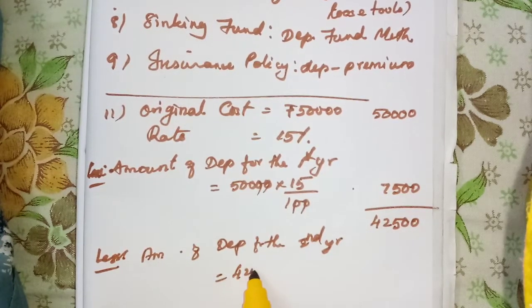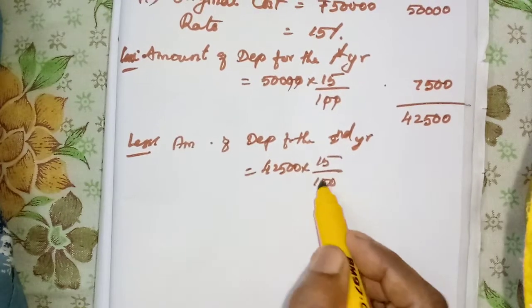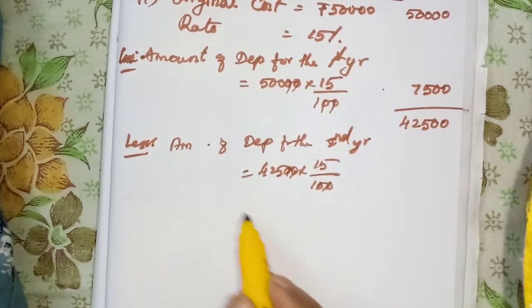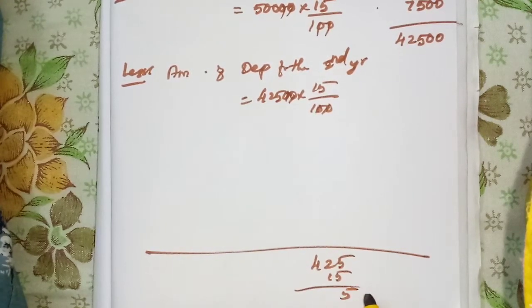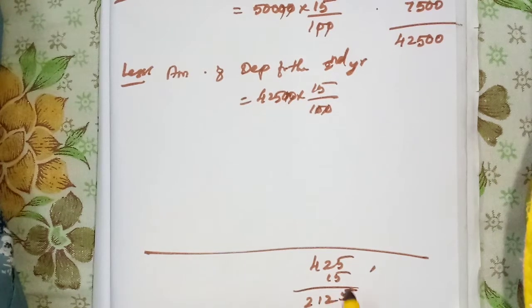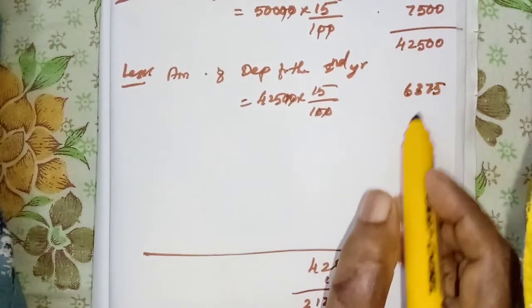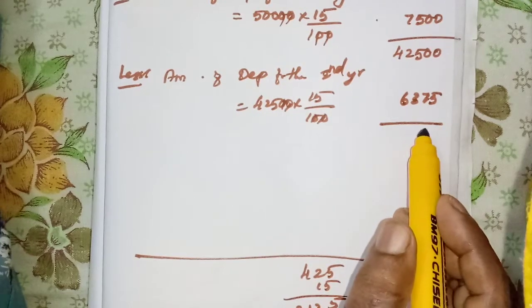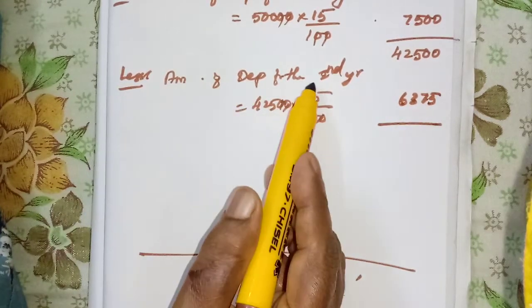Now we need to calculate 42,500 into 15 by 100, so 425 into 15, which is 6,375. Otherwise, you can simply write the amount of depreciation for the second year; there is no need to deduct also.